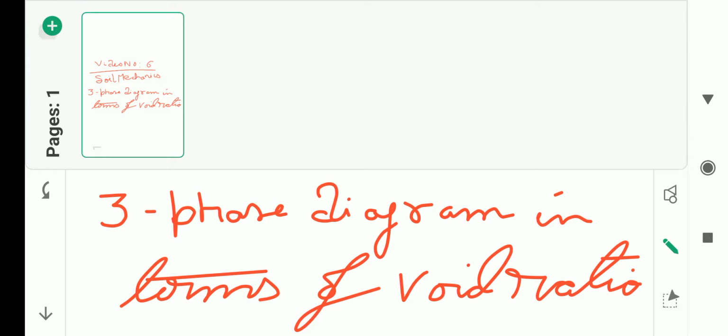So let's start. We have already studied the three phase diagram. In this lecture we will study the same thing, but this time in terms of void ratio. So let's start.